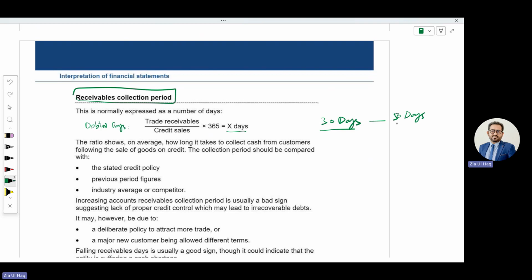What does this ratio tell about? In how many days we are receiving cash from the credit customers. If we are receiving cash in 30 days, that's better. But if we are receiving in 50 days, that's poor. It means our cash is stuck with the customer for 50 days. It could become bad debts, or we will struggle to manage our cash flow.